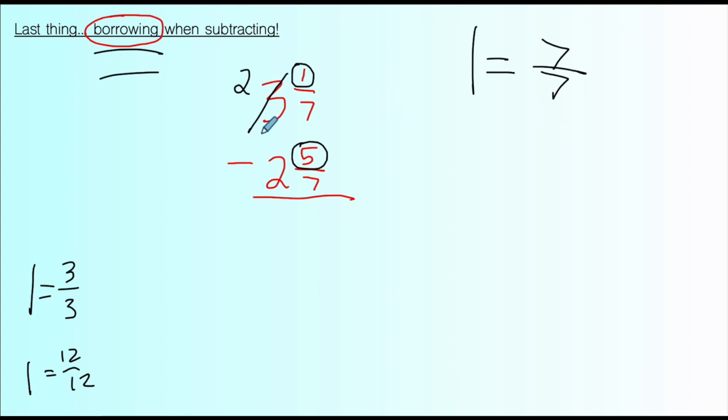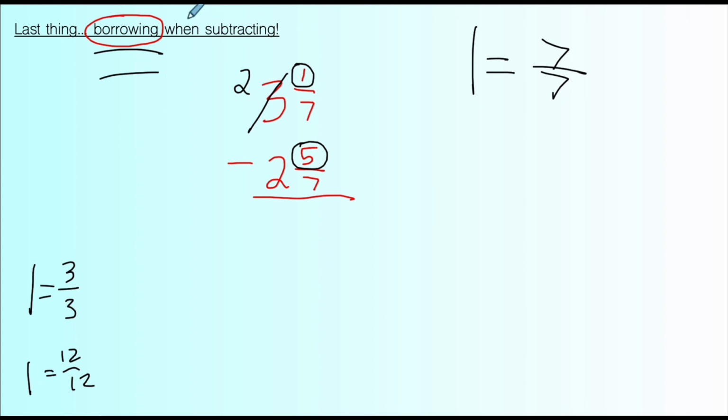So back to what I was saying. We took 1 away from the 3, reduced it to 2, and we're going to give that 1 whole to this fraction. So my 1/7 is now going to increase by 7/7, by 1 whole. So what happens when you add 7/7 to 1/7? Well, that's going to change this fraction to 8/7, because 1/7 plus 7/7 is 8/7.